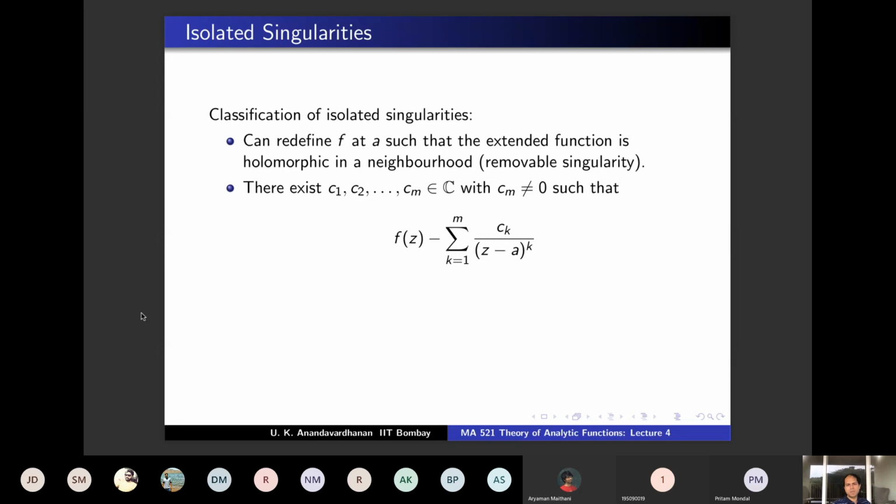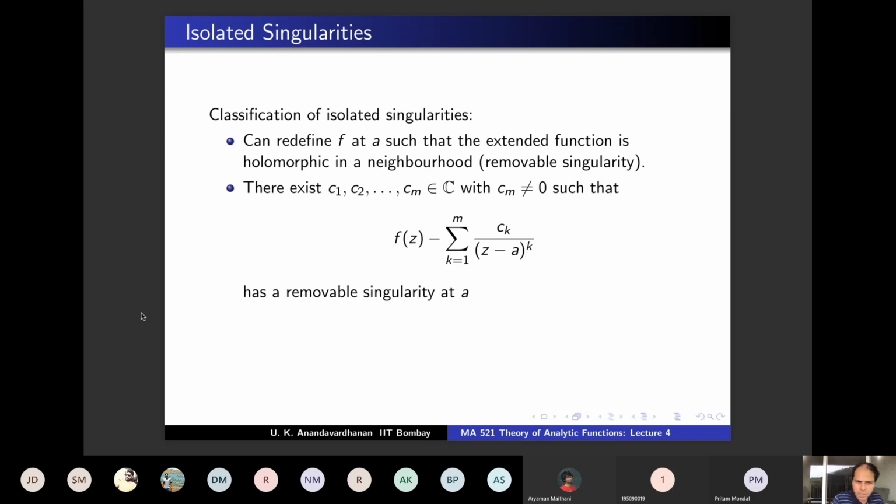This is what is called the principal part in the Laurent series expansion when we do Laurent series. Suppose there are finitely many complex numbers c_k such that you can do this, and this becomes holomorphic. In other words, this has a removable singularity at a.